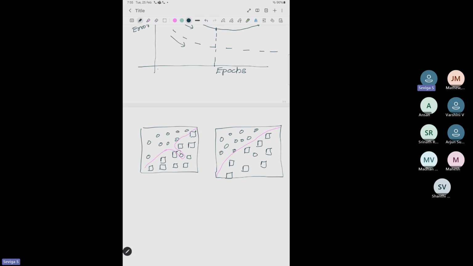Among the square data points, there is a circle here. So the boundary has made a very specific curve. We can say this is a likely case of overfitting. It has separated very accurately. It has gone inside the squared region and then circled the circular point. This is probably a better curve.